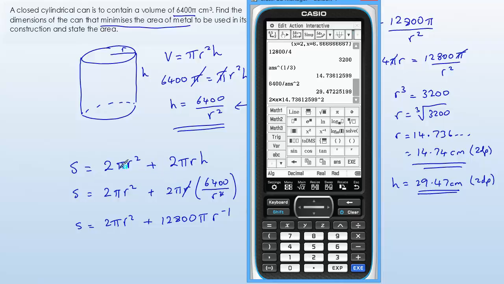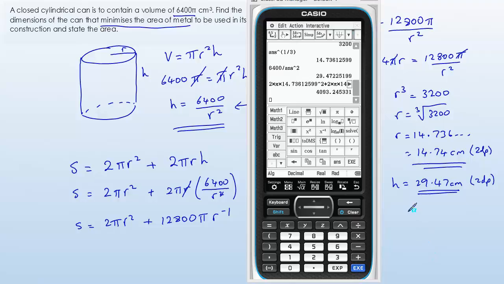Actually, I'm going to go for the original 2 pi r squared plus 2 pi r h, plus 2 times pi times this one, and multiply that by this one, and that gives us 4093.25 square centimeters. Correct to 2 dp.